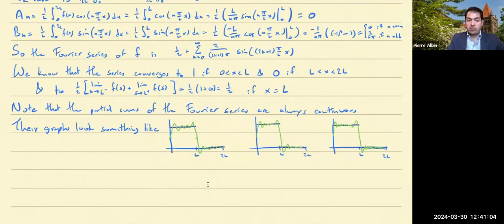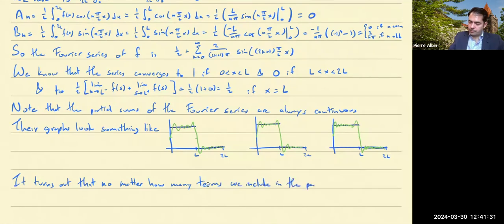So what's remarkable is that it turns out that no matter how many terms we include in the partial sum, there will always be an overshoot right before the singularity.